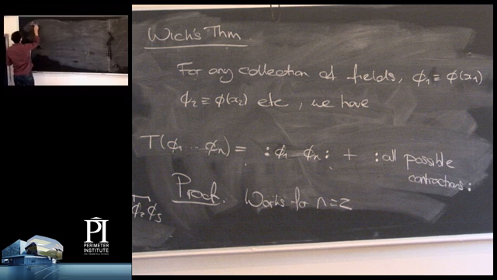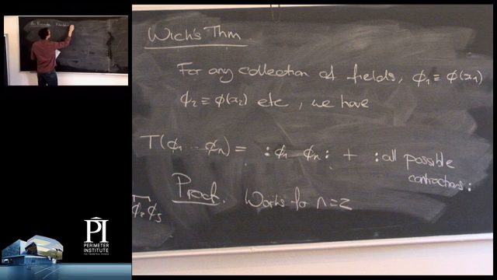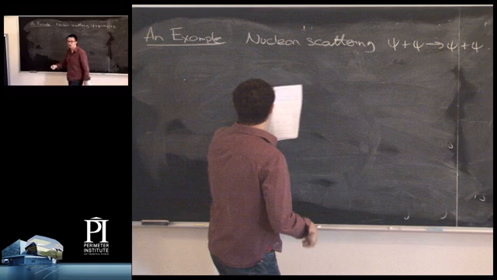So an example is nucleon scattering, by which I mean that we take two psi particles and we want to know the probability, really the cross-section, for them to scatter into two more psi particles. Okay? I'm not actually going to compute the cross-section. I'm going to compute the quantum amplitude. You then have to square it to get the cross-section. And I think you've done these kinds of calculations with Malcolm already.